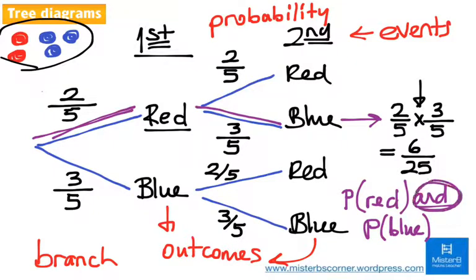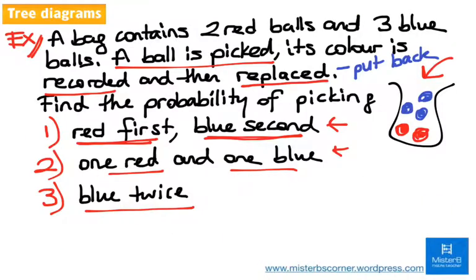So just because this is an AND connection, I must multiply. This is very important. So if two events or two outcomes are connected with AND, then you must multiply. So this is going to be the answer to the first question. So it's going to be 6/25 for the first one.